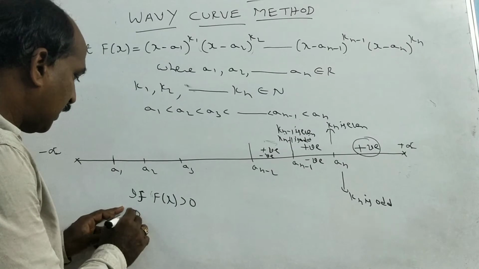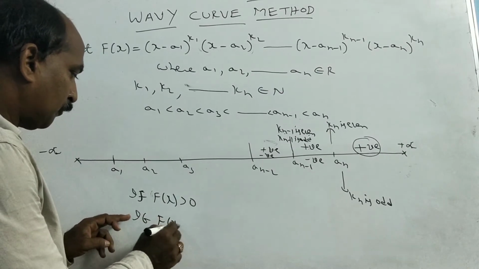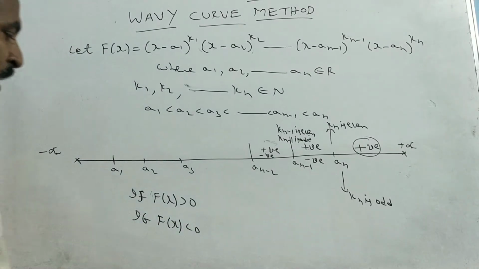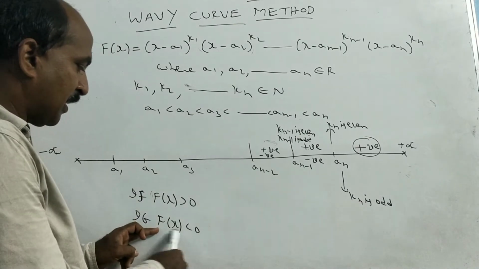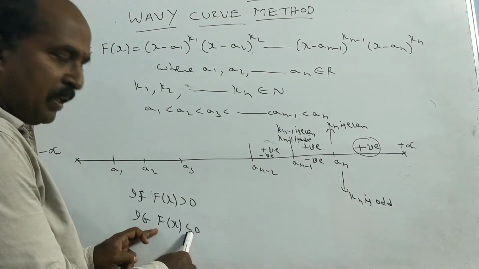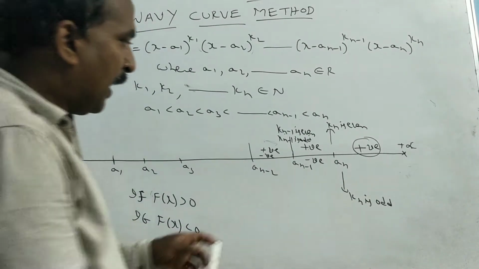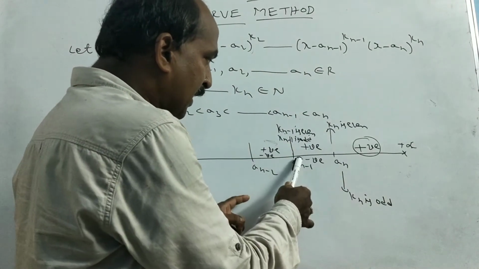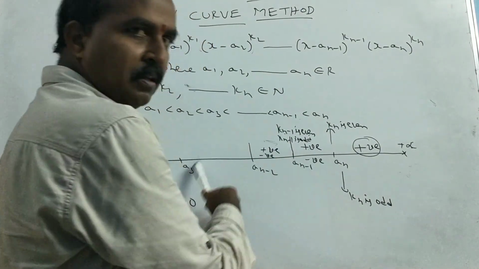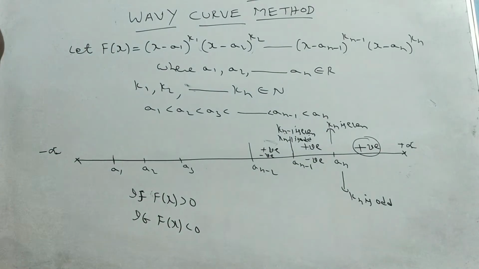If f of x is negative, then the values of x which satisfy this inequality are the union of all intervals which contain negative sign. This is the wavy curve method.